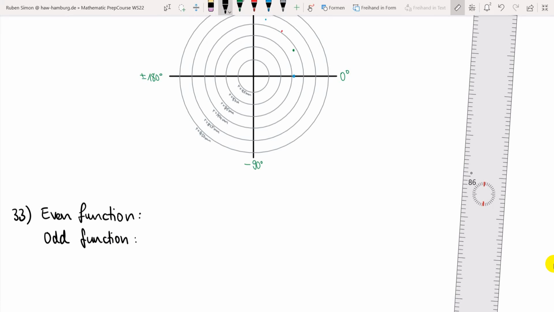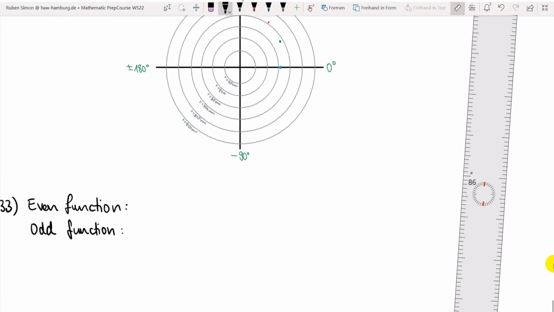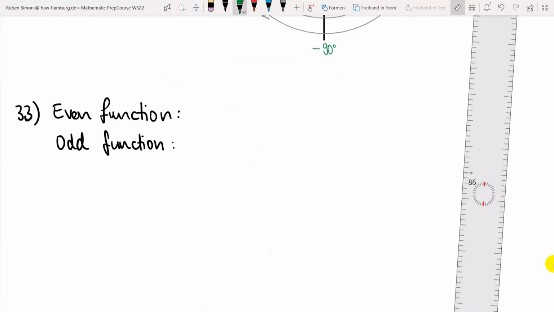Actually, it's a little different from that. So yeah, in Germany or at our university as well, there is a certain definition for an even function. I would rather like the explanation of an even function to be one where there is a vertical symmetry axis of the graph. That's the graphical explanation for even and odd functions.